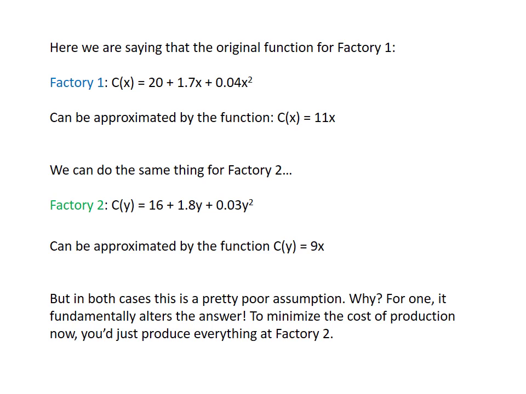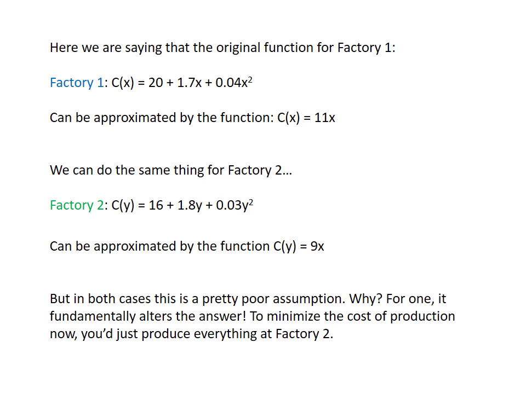And we saw that the original answer was producing 147 at 1 and 114 at 2 or something like that, or maybe I have those backwards. But we're definitely going to produce some of each at each factory.